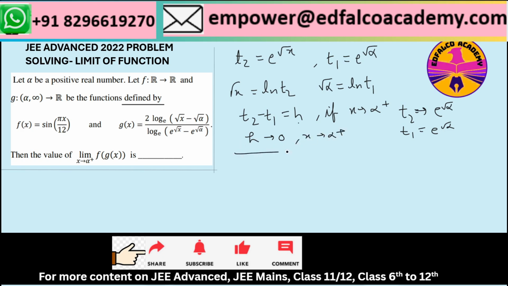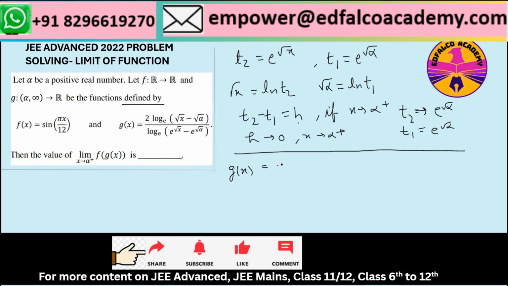So now we have taken some assumptions, some variables, some substitutions. Now let's put all this in the function g of x and try to evaluate the value of g of x as x tends to alpha positive. So g of x को पहले हम लोग सिंप्लीफाई करते हैं क्योंकि हमने कुछ सब्सटीट्यूशंस किए हैं यहाँ पर.